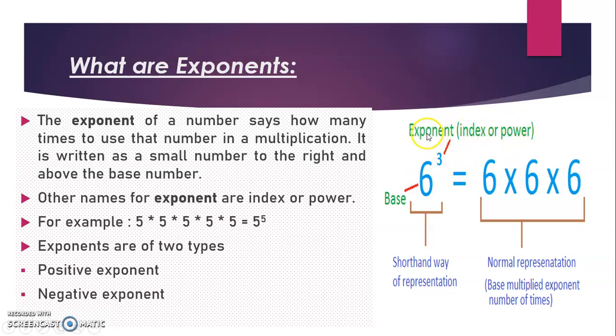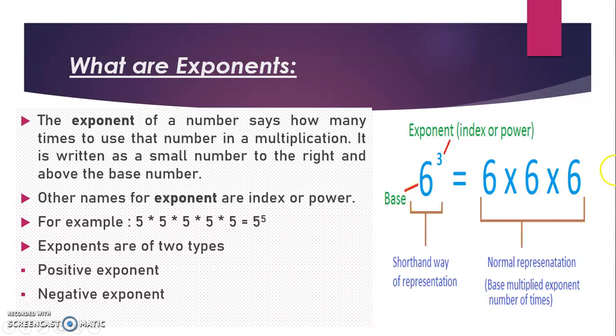These are the same. So 3 is the exponent and the base is 6. If this base is raised to the exponent 3, we have to multiply this 6 by itself 3 times.